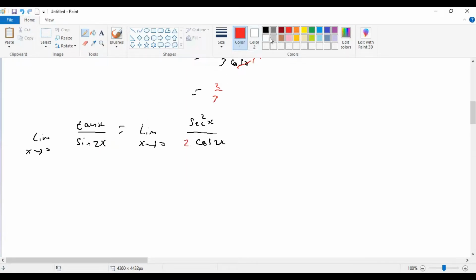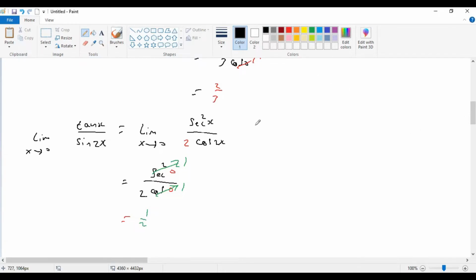Now the limit as x approaches 0 of secant squared 0 is 1, over 2 cosine 0, which is 2 times 1. So secant squared of 0 is 1 and cosine 0 is 1. So the answer is 1 over 2. The answer is equal to half.